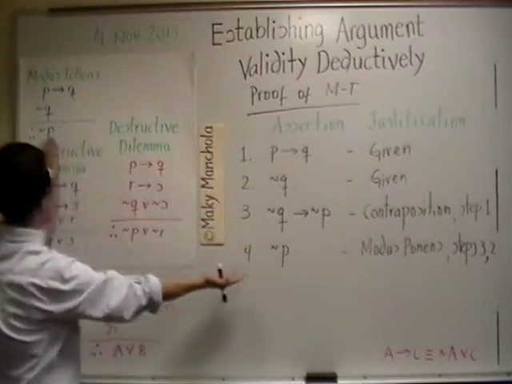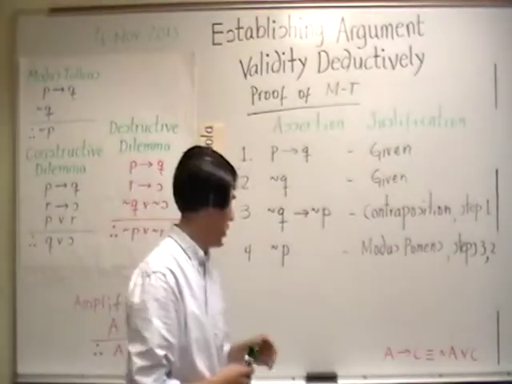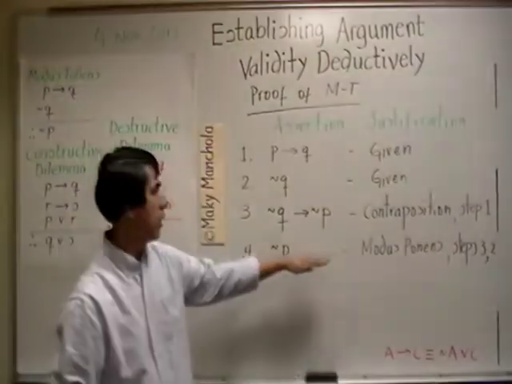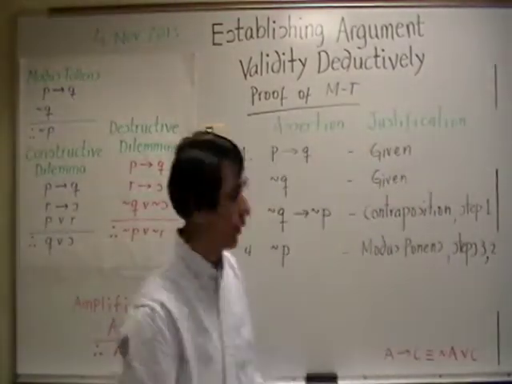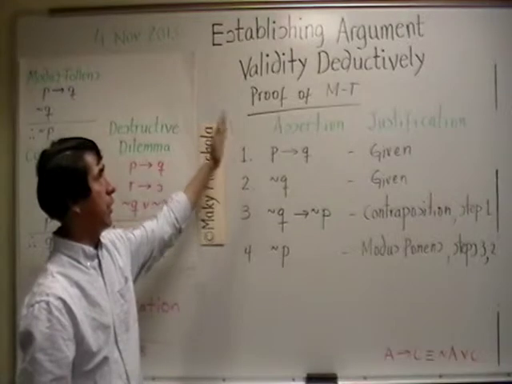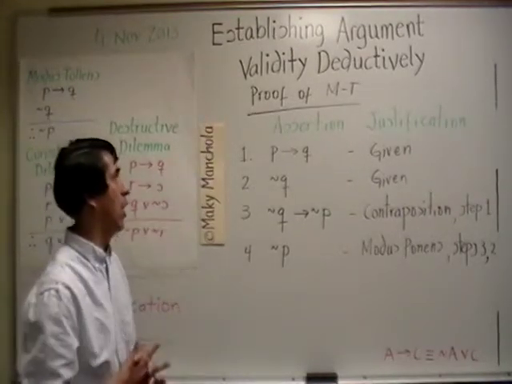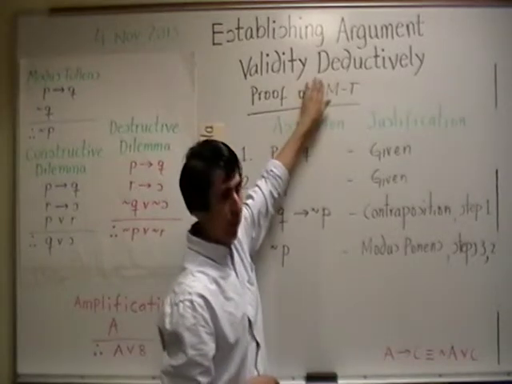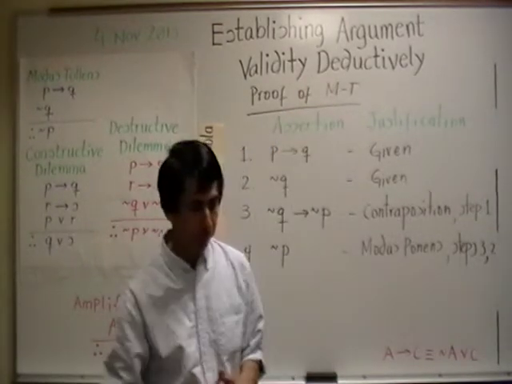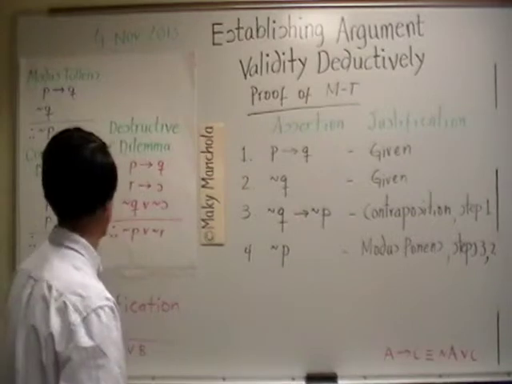Remember, this was our goal. We reached a negation of P and we justified it. Okay, so this is a simple illustration of establishing an inference rule deductively. Let's try one more.